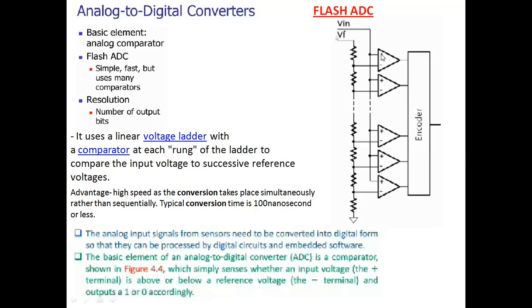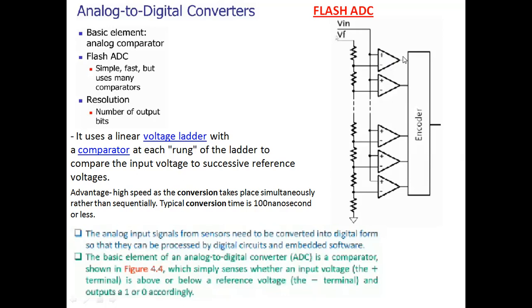So this Vin of 3 volts is applied to the non-inverting terminal of all the op-amps used as comparators. Suppose this 3 volts is greater than the resistor tapping voltage, then the output of the comparator will be equal to 1. I repeat, if the 3 volts applied at the non-inverting terminal of the op-amp is greater than the voltage across the resistor tappings, then the output of the comparator will be equal to 1.